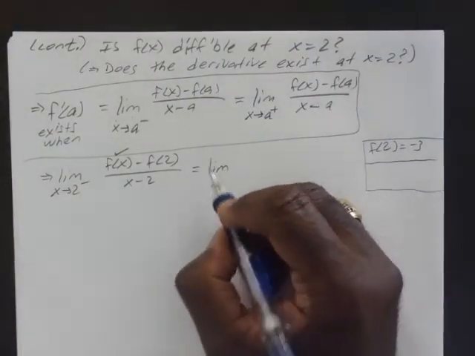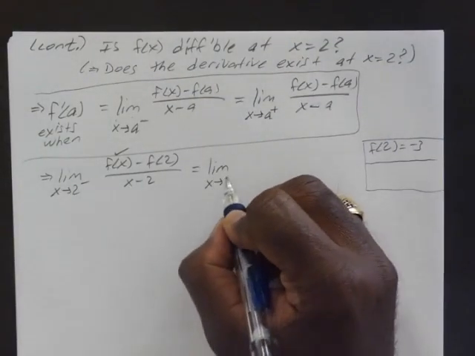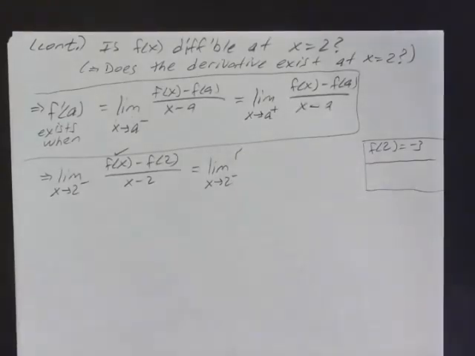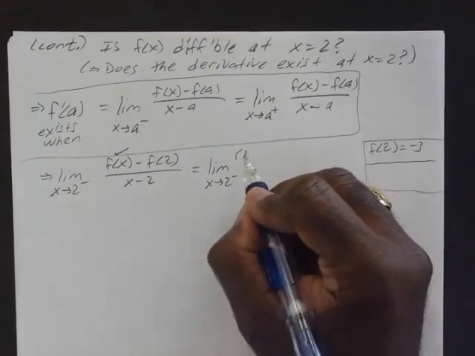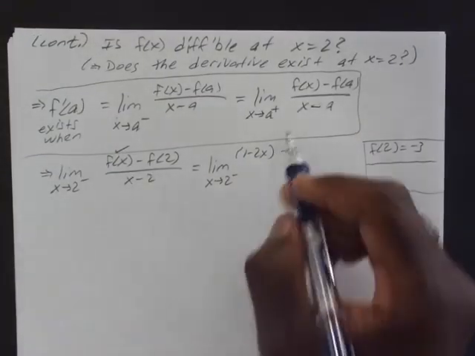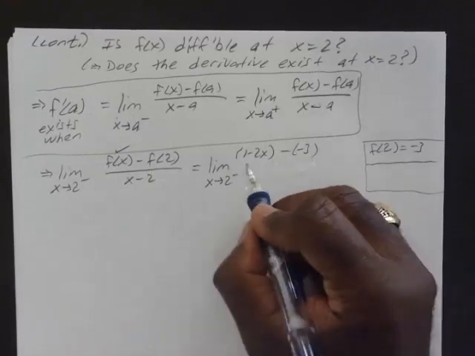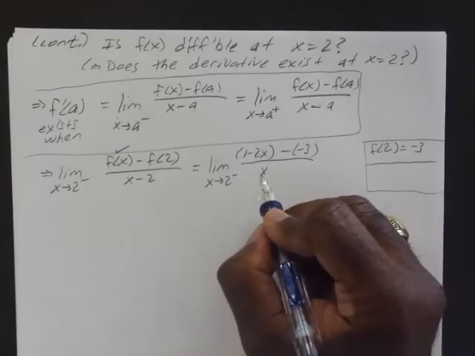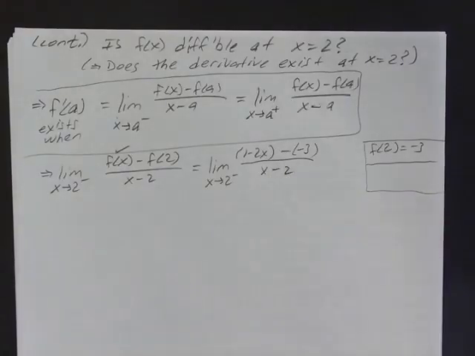So that's your limit as x approaches 2 from the left of 1 minus 2x minus -3, divided by x minus a, or x minus 2. I'm going to need this again, so I might as well leave it there.